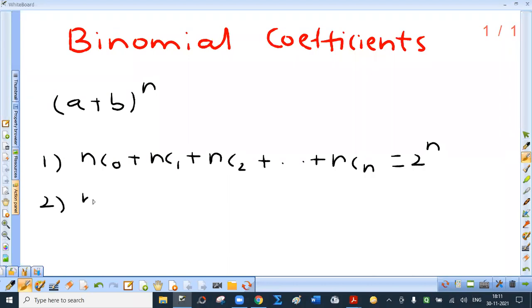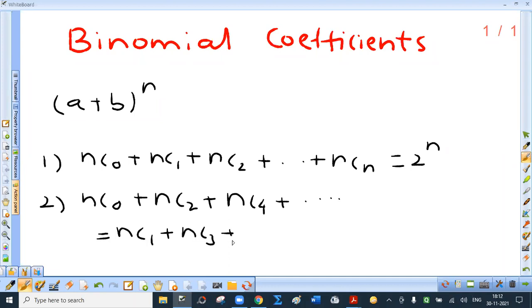Second result which we are going to prove is NC0 plus NC2 plus NC4 plus dot dot equals NC1 plus NC3 plus NC5 plus dot dot. Can you guess the right hand side? Yes, it is 2 raised to n minus 1. Now, NC0, NC2, NC4 are binomial coefficients with even suffixes, or we call them even coefficients.